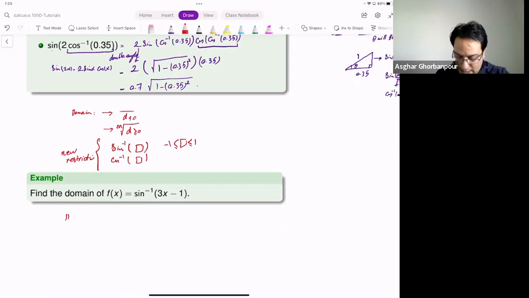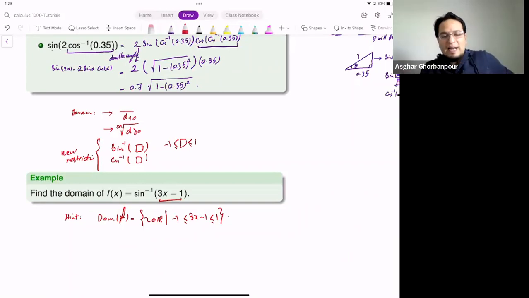In this case, I will just write it as a hint. The domain of this function must be all x in R for which 3x minus 1, the input of sine inverse, is between -1 and 1. Then you solve it for that and find the domain.